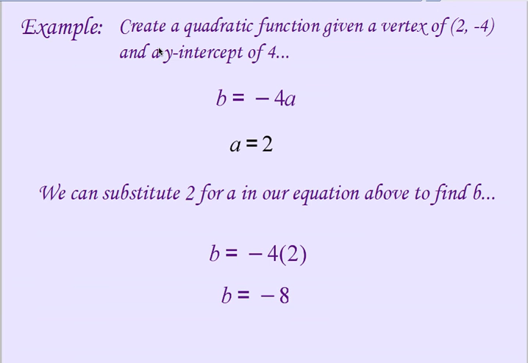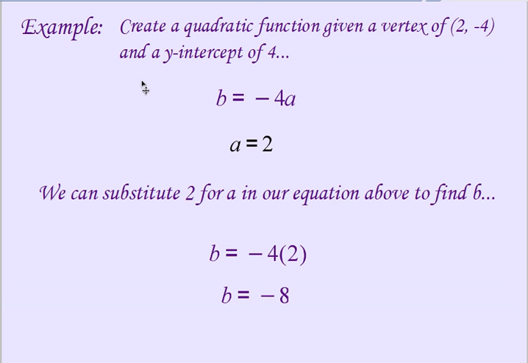I know that b was equal to -4a, and now I know a is 2, so I'm going to do yet another substitution. -4 times 2 is equal to -8, and now I have a final numerical value for b.